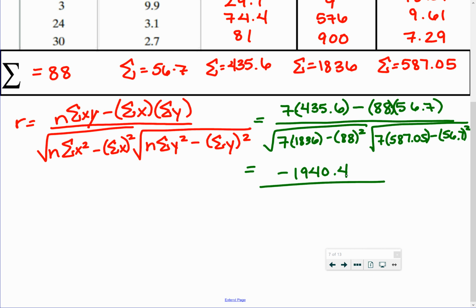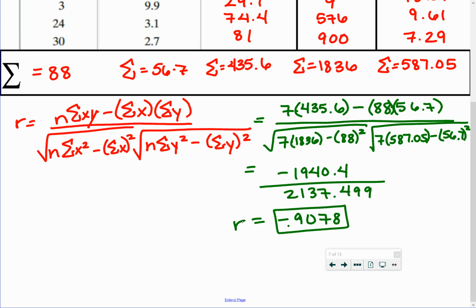On the bottom, square root of 7 times 587.05 minus 56.7 squared, we get 2137.499. And then we divide last. And I get negative 0.9078. And that's our R that we're looking for.